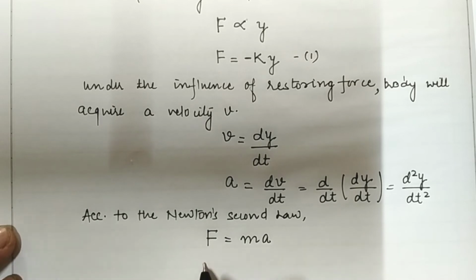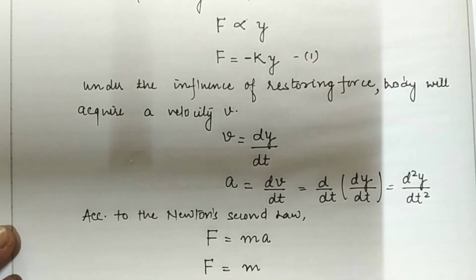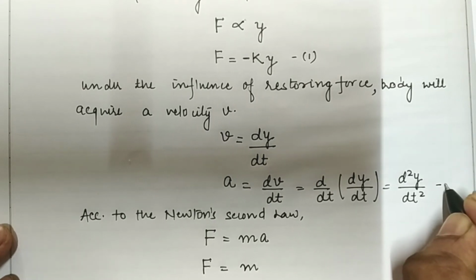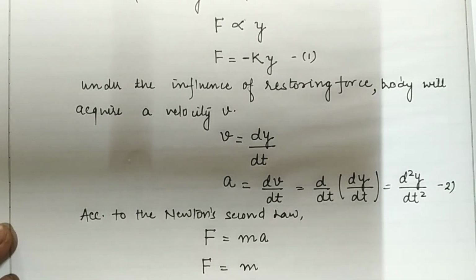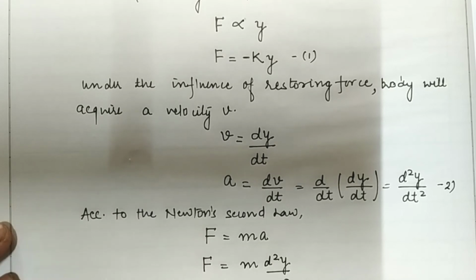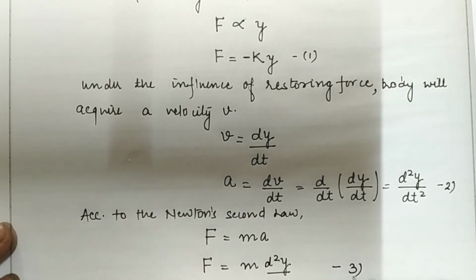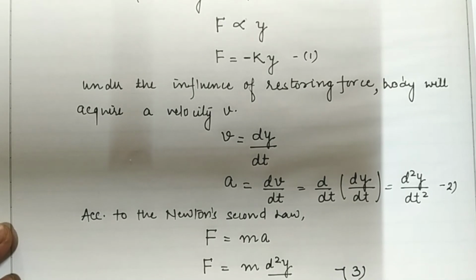The external force F will be equal to m times a, and from equation number 2 we can say that a is equal to d2y upon dt square. So right now we are getting F is equal to m d2y upon dt square. Let us suppose this is equation number 3. So we have found that m into d2y upon dt square is equal to F.